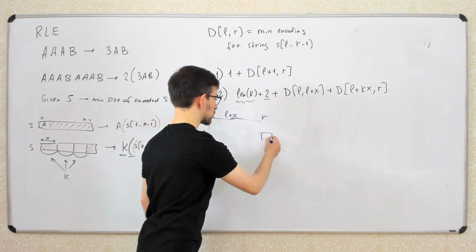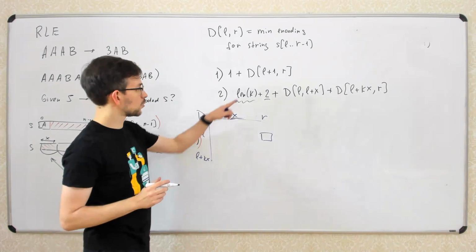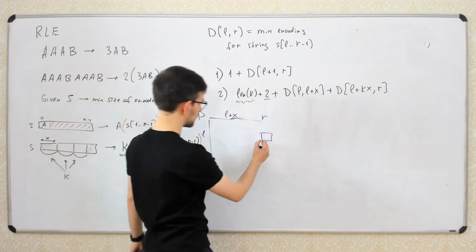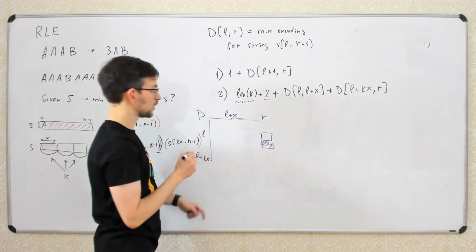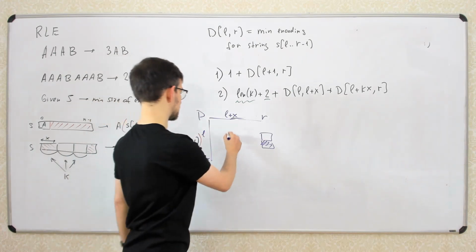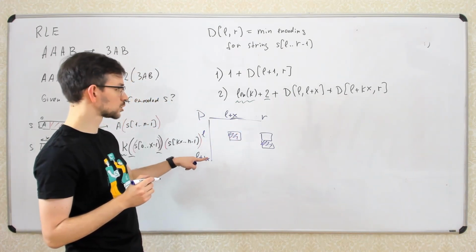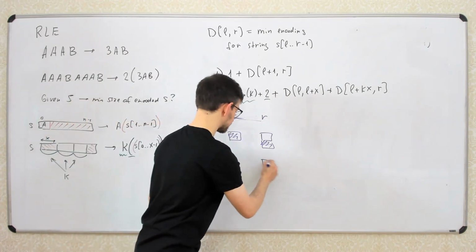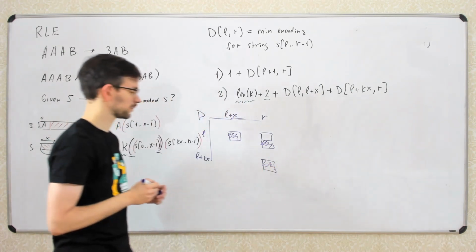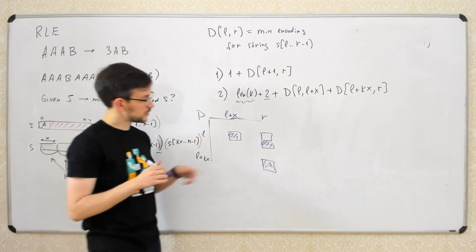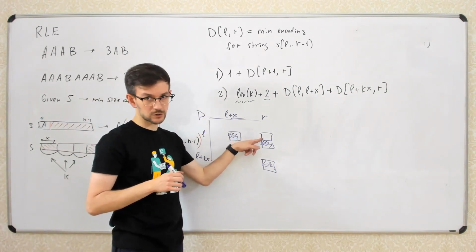Yeah. So if you calculate this cell, what cells do you use? You need to use this cell. You need to use this cell. And you need to use this cell. So you need these three cells to be calculated before your cell.